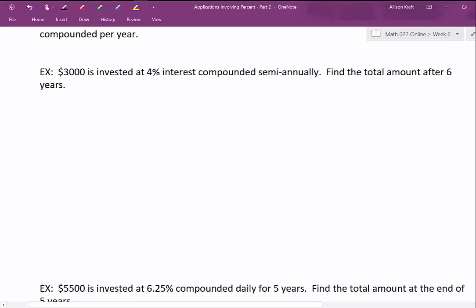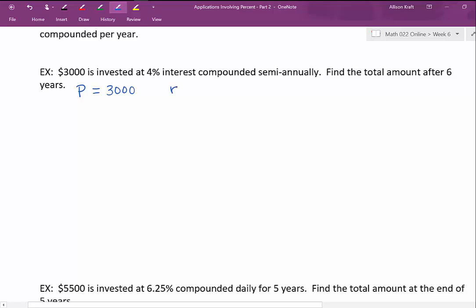$3,000 is invested at 4% interest compounded semi-annually. Find the total amount after 6 years. I'm going to start by identifying our P, R, N, and T. The principal is $3,000.